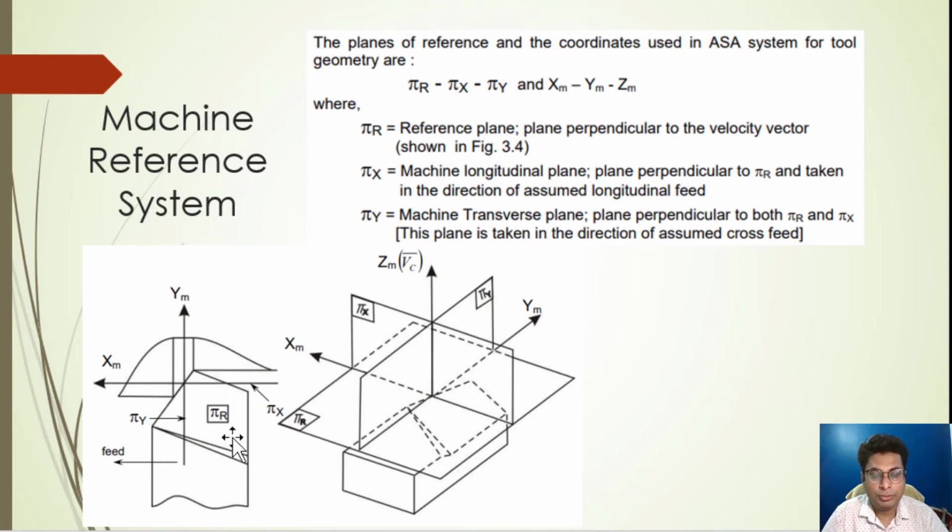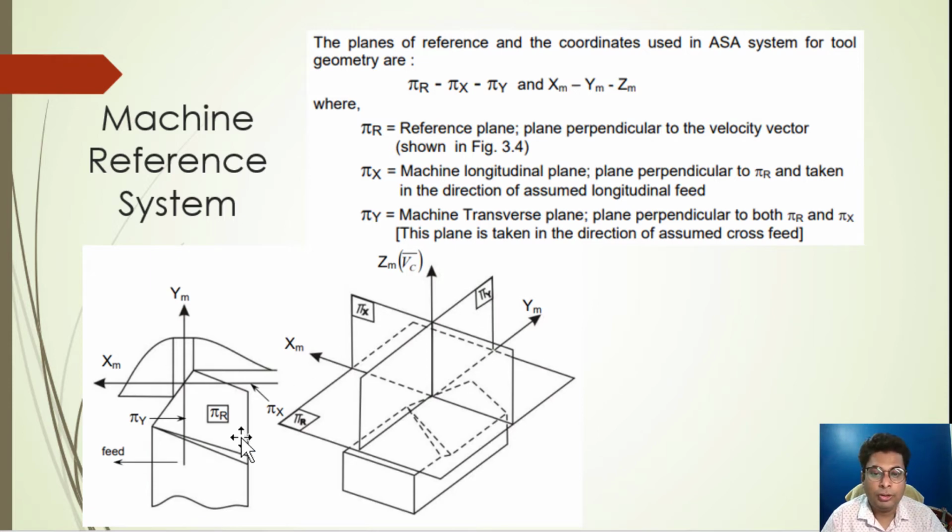If this is the tool post, with the cutting tool loaded over it, then in this direction longitudinal feed is given, so this is my x direction. In this direction depth of cut is provided, which is my cross direction, my y-axis. The planes corresponding to these x and y axes are pi x and pi y.